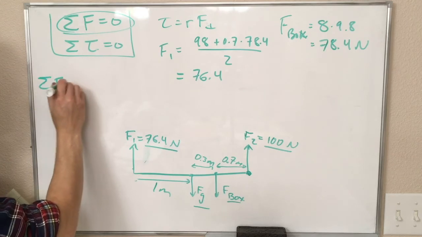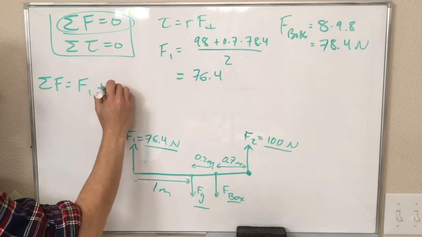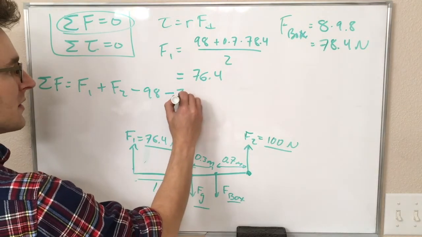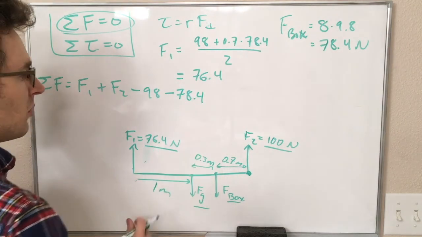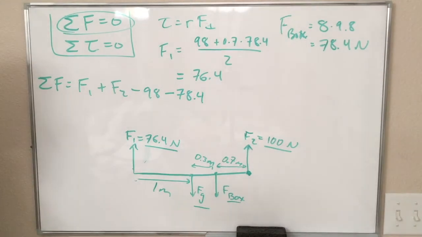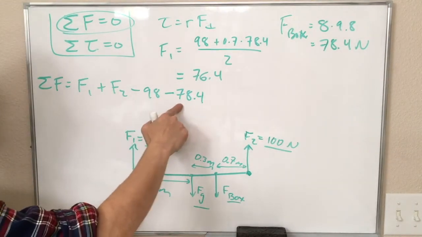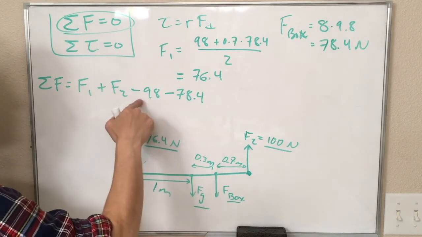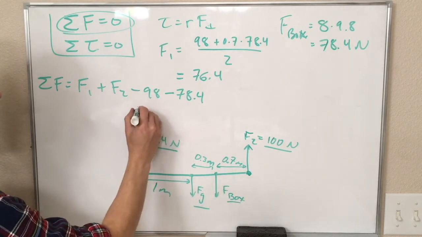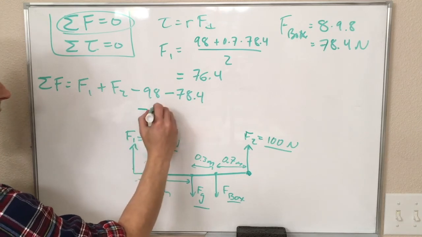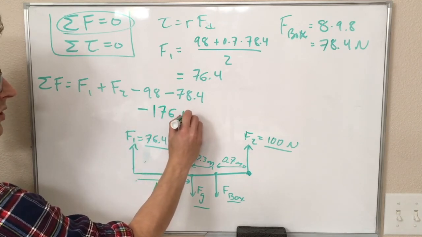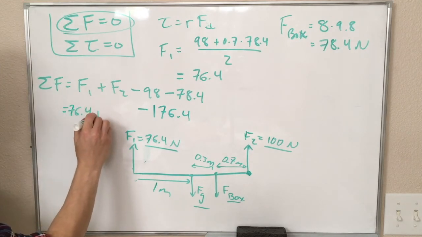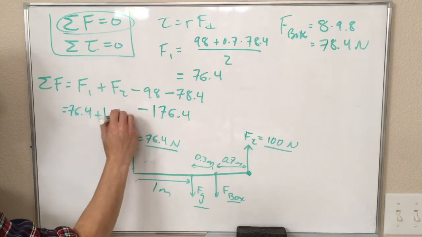So the sum of our forces was equal to F1 plus F2 minus 98 minus 78.4. These were our two weights down here. So minus 98 minus 78.4 is equal to minus 176.4. Force 1 is equal to 76.4, and force 2 is equal to 100.